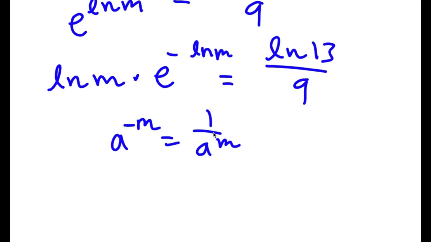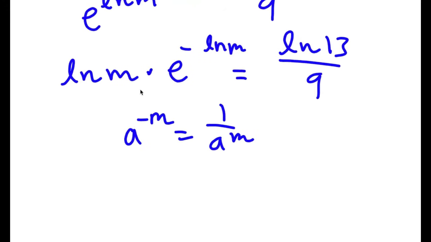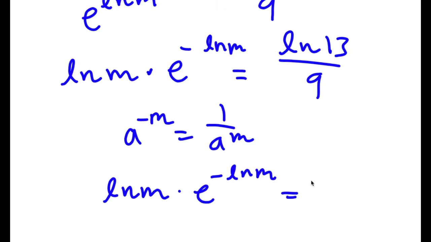So now we have ln m times e to the power of negative ln m, this is equal to ln 13 over 9.